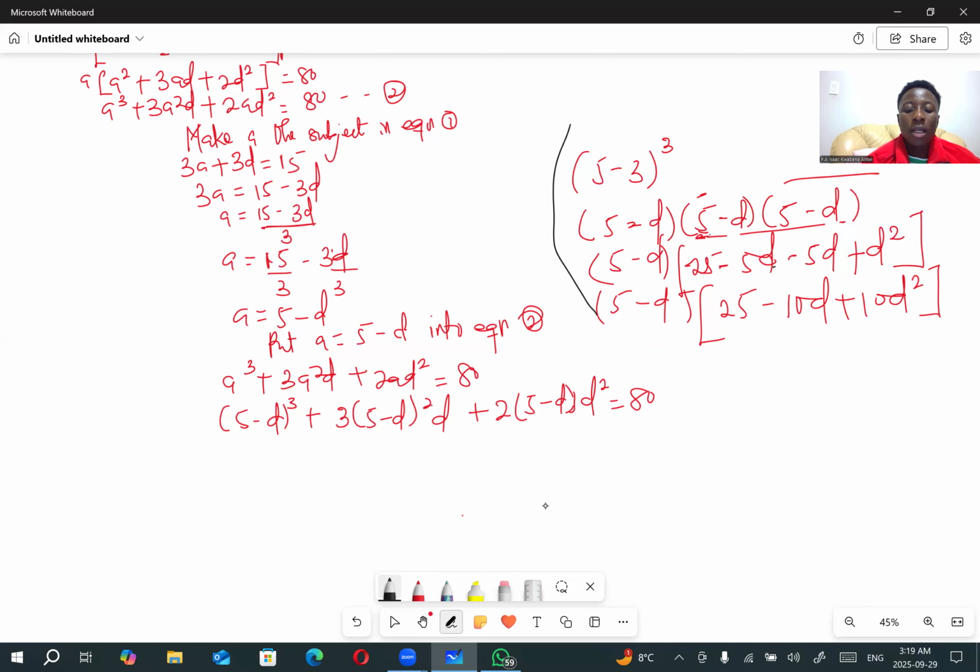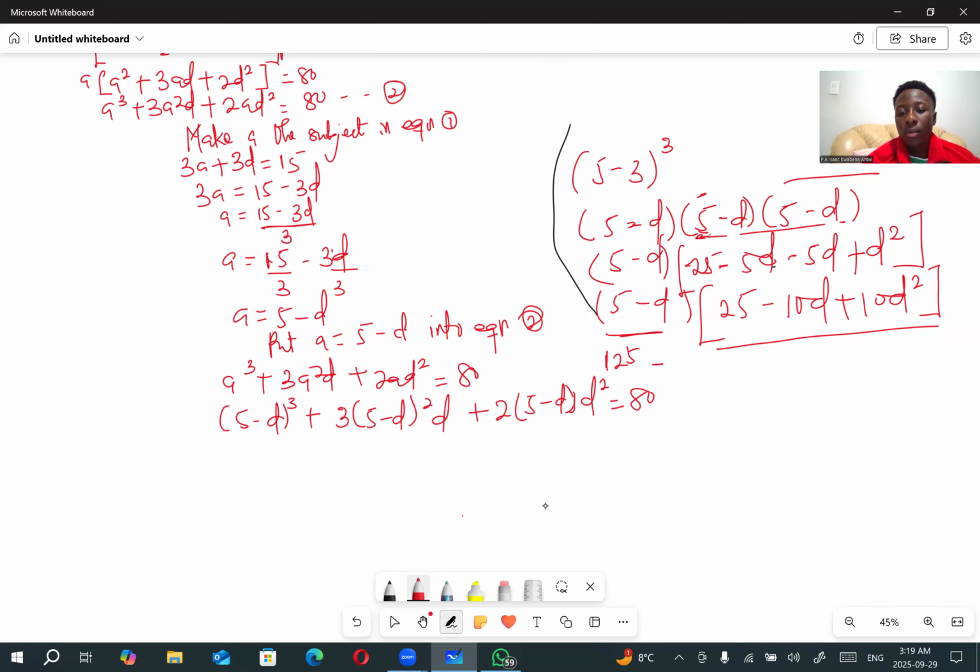So now expanding this one is still multiplication of two binomials. 5 will multiply everything, same as the minus D. You see? So you have 5 times 25, which is 125.